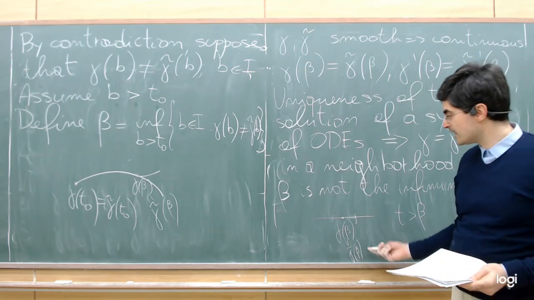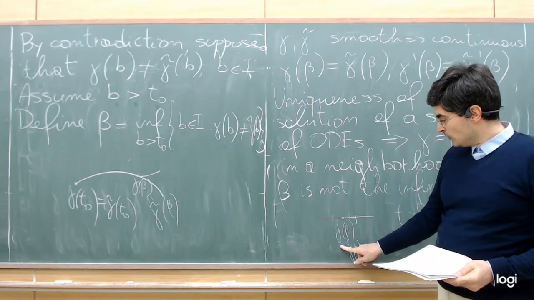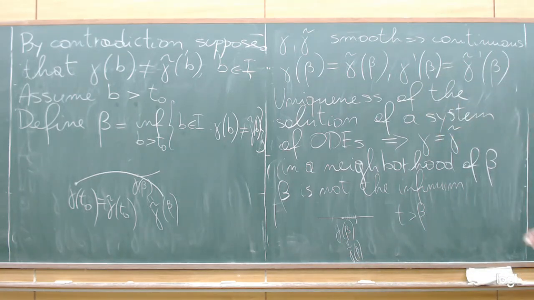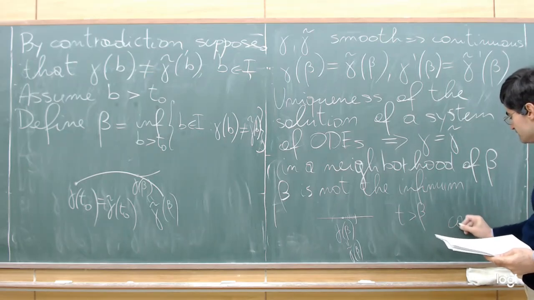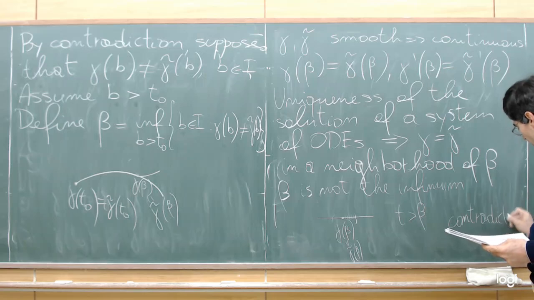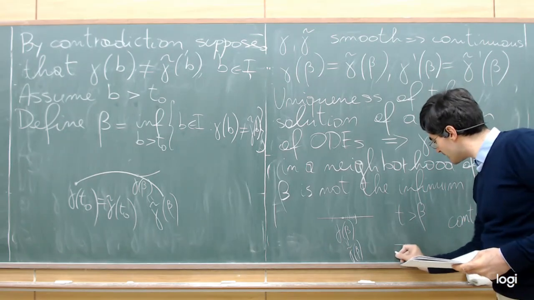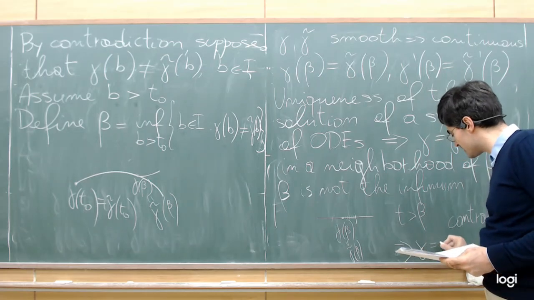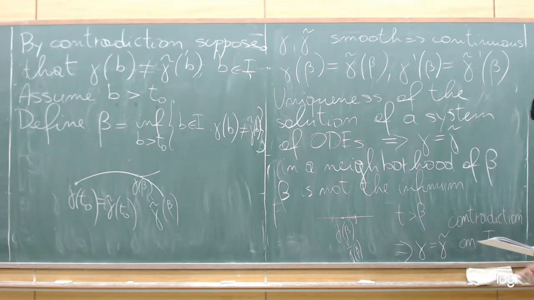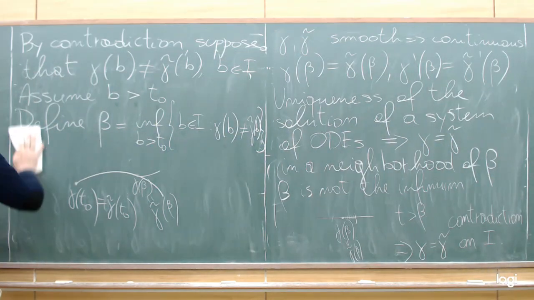So they coincide on an open neighborhood of gamma(beta). So we got a contradiction, and this implies that gamma coincides with gamma tilde on I. This is the end of the proof.